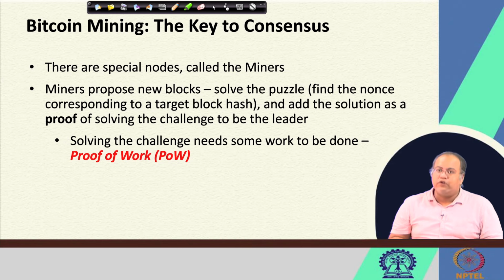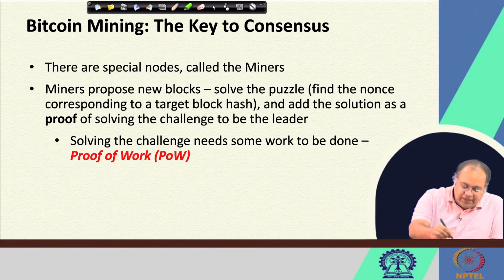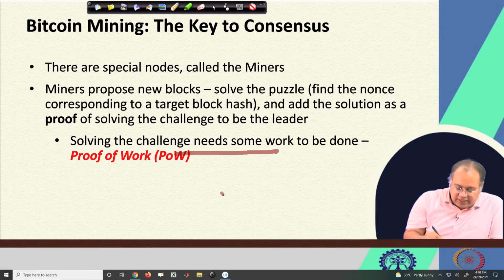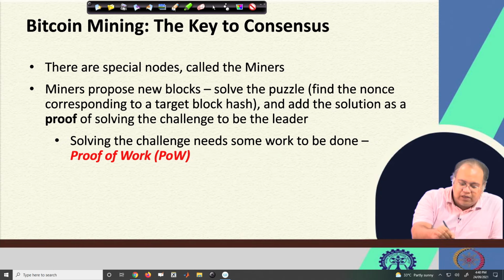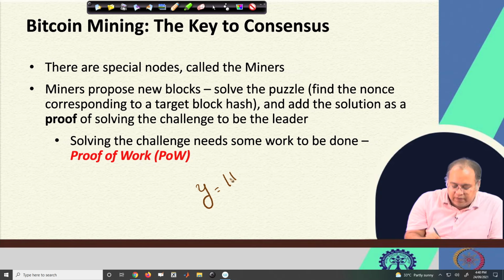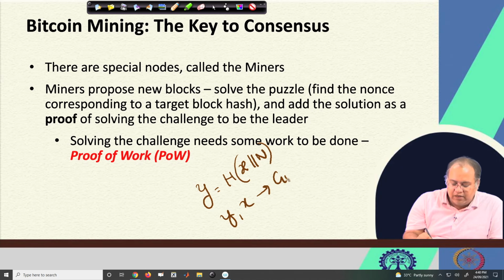The output hash value is given, and you need to find a nonce that produces it. So if my hash function is y = hash(x + n), then y and x are given and I need to find n.